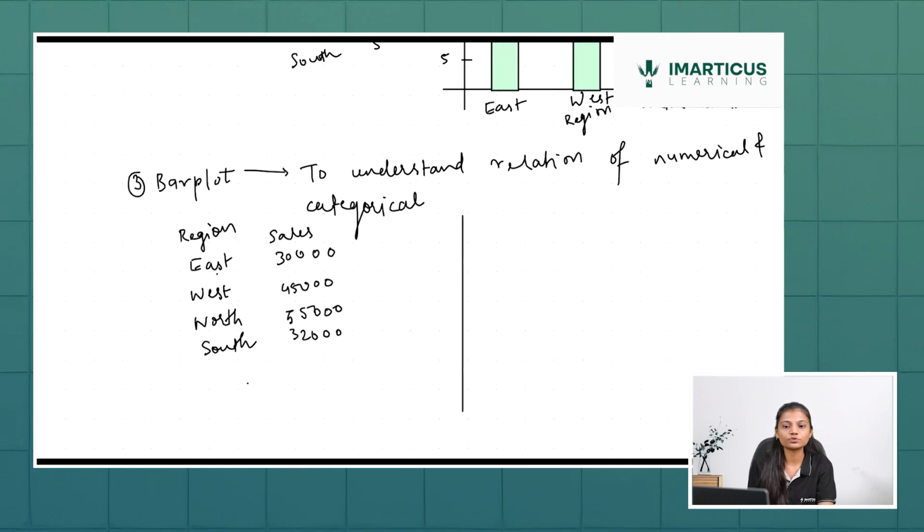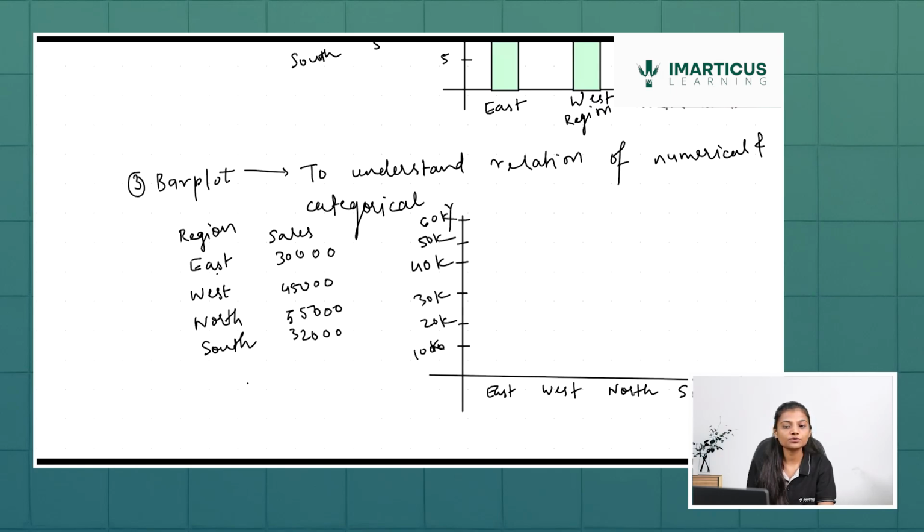here you can see that we have east, west, north, and south on the x-axis, and on the y-axis, let's say we have sales of 10k, 20k, 30k, 40k, 50k, and someone having 60k as a sales value.